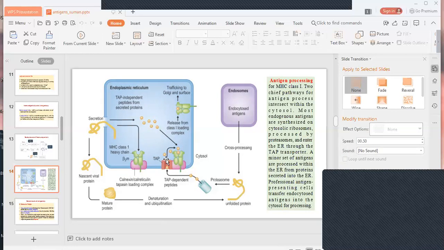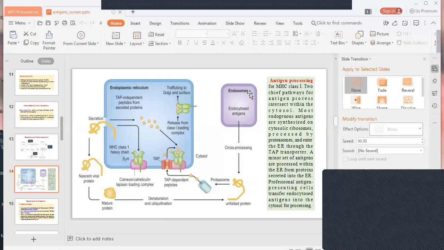So first, if it is receptor-mediated endocytosis, the endosomes, phagosomes or lysosomes are formed. Then the antigens are processed, means this acid hydrolysis is going on.